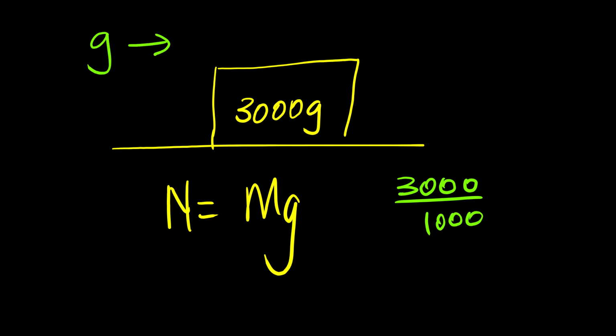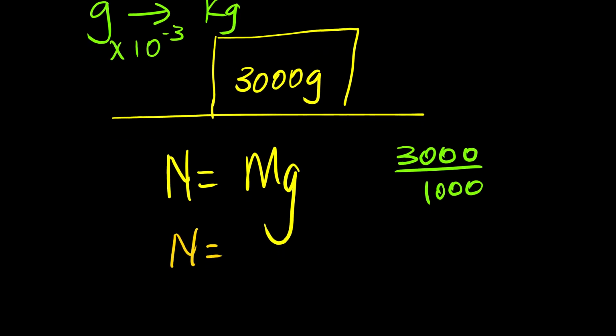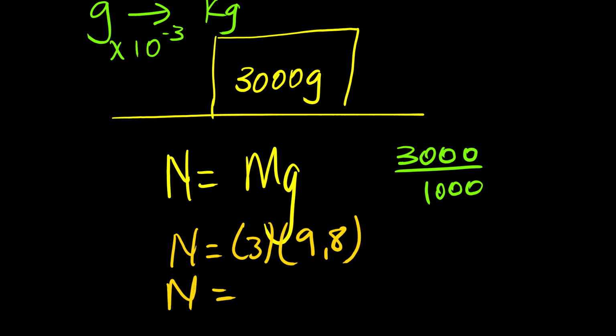So when we want to convert from grams to kilograms, we divide by 1000 or we multiply by 10 to the power negative 3. So 3000 divided by 1000, it's simply 3. Then we go back to our equation. Our mass is 3. We have 9,8. Three multiplied by 9,8, the answer should be 29,4 newtons.